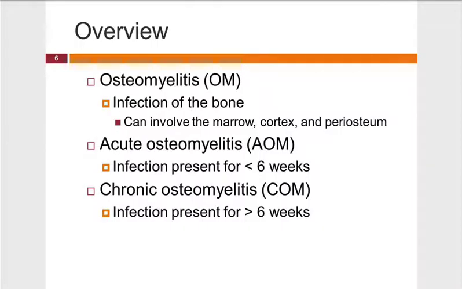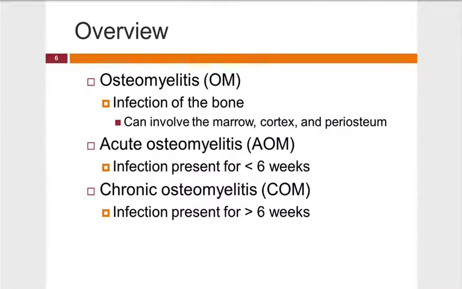Just a brief overview, and I'm sure many of you already know these definitions, but again, just as a refresher. So osteomyelitis, right, it's an infection of the bone. When we talk about onset, acute versus chronic, anything that's present for less than 6 weeks is going to be considered acute osteomyelitis.